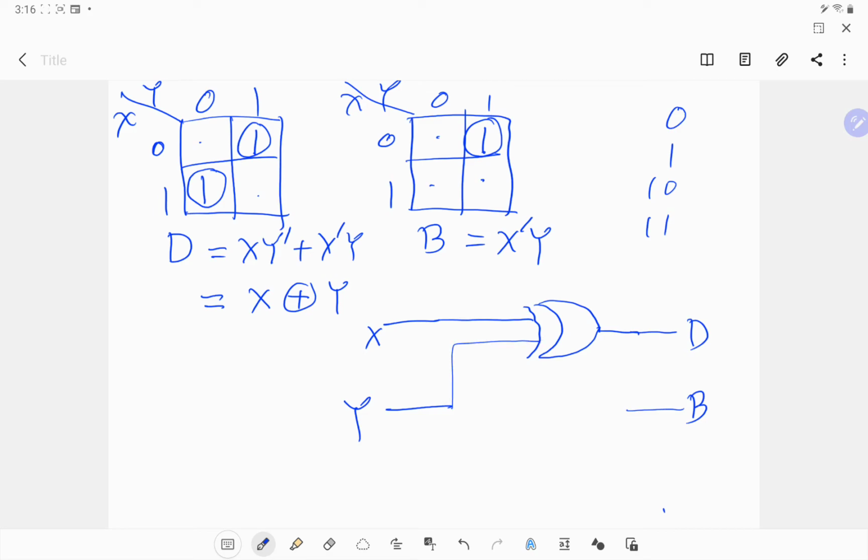And for B, we need x prime, so let's consider that we have an inverter here, then x prime y, so we need an AND gate. The second input is the y. So this is the circuit for a half subtractor. Remember this circuit, and we'll see later that we can design a full subtractor circuit by using two half subtractor circuits and an OR gate.